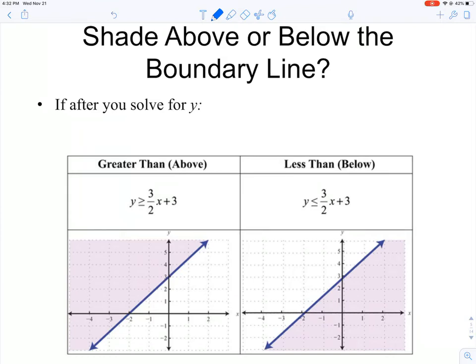So how do you determine where to shade? There are two methods. First, determine whether to shade above or below the boundary line, and sometimes it ends up being to the left or the right, and we'll talk about that in a couple minutes. You determine whether you shade above or below the boundary line after you've gotten y by itself on one side of the inequality.